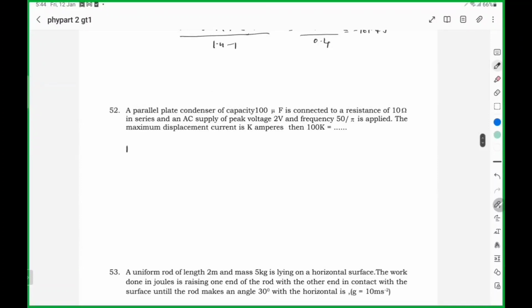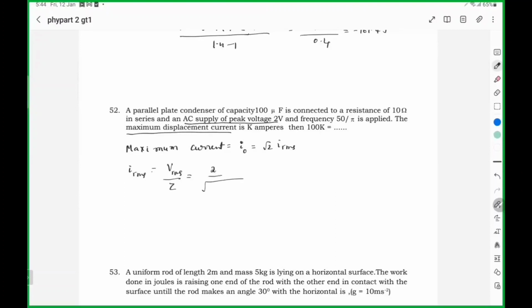Here, what we have to find out is the maximum displacement current, which is I naught, root 2 times I RMS. I RMS is V RMS by Z. In the AC supply, voltage is 2 volts.